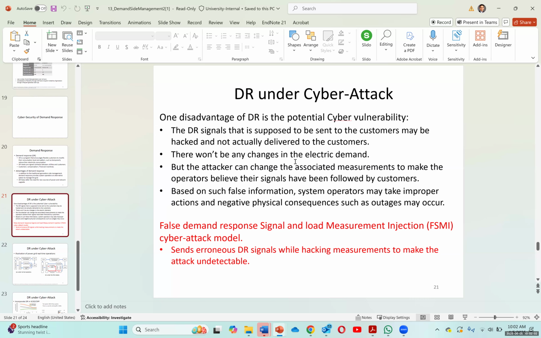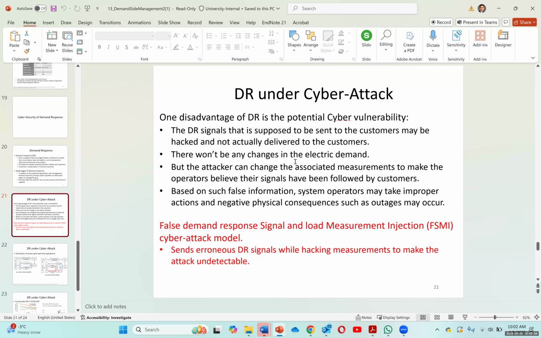The DR signals that are supposed to be sent to the customers may be hacked and not actually delivered to the customers. There won't be any changes in the electric demand, but the attacker can change the associated measurements to make the operators believe their signals have been followed by customers. Based on such false information, system operators may take improper actions and negative physical consequences, such as outages, may occur.